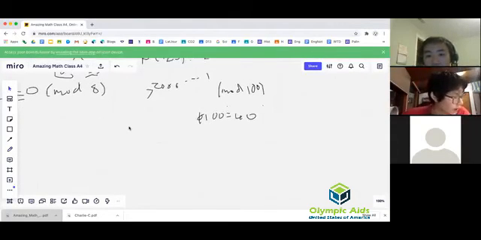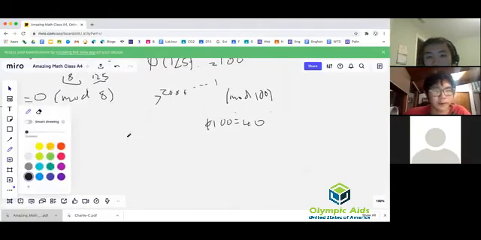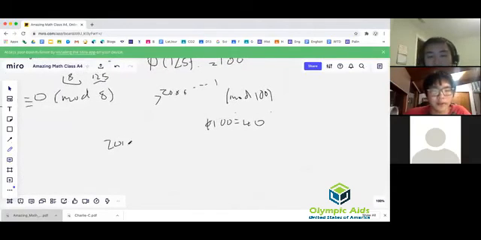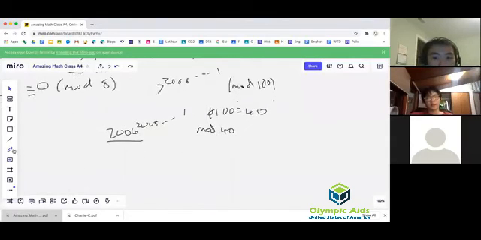So now you only care about the exponent, which is 2006 to the 2005, dot, dot, dot, mod 40. And I think it's pretty obvious that this thing's divisible by 8, because 2006 is even, and this is way more than 3. So we can just say this is 0 mod 8, and we want to calculate mod 5.